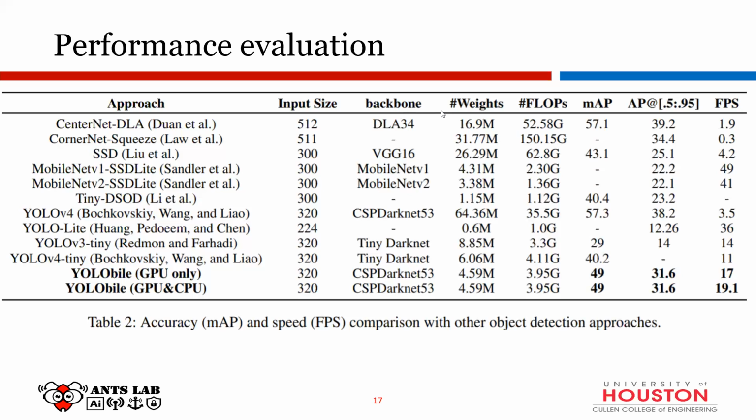And this backbone means that they do the feature extraction using the following networks. It means that the same network is used to extract the features. And it also shows the effectiveness of the proposed methods.